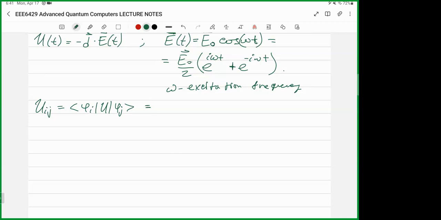The amplitude is a constant, so I take it out from the integral. The exponential functions also don't depend on the coordinate.